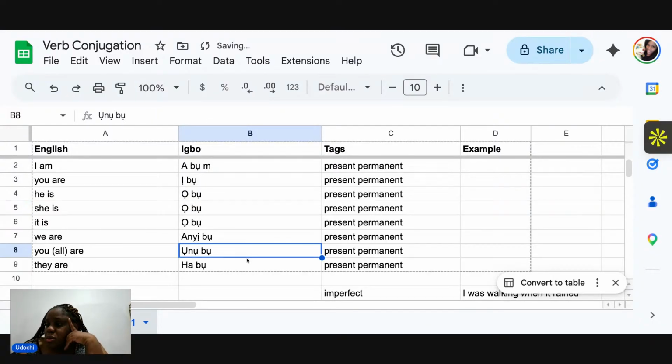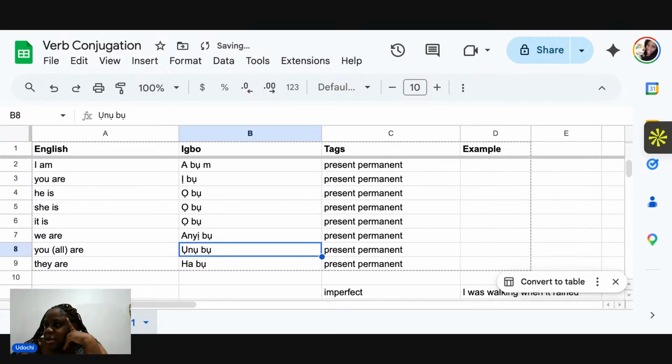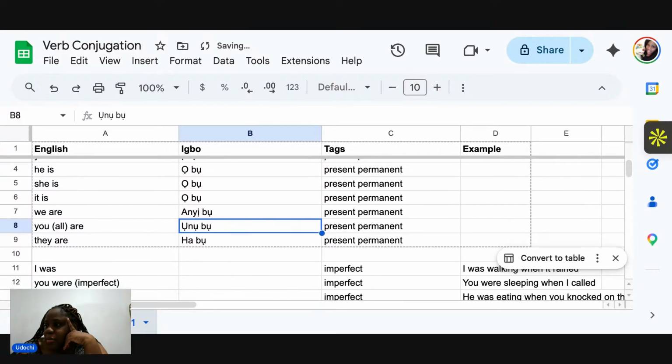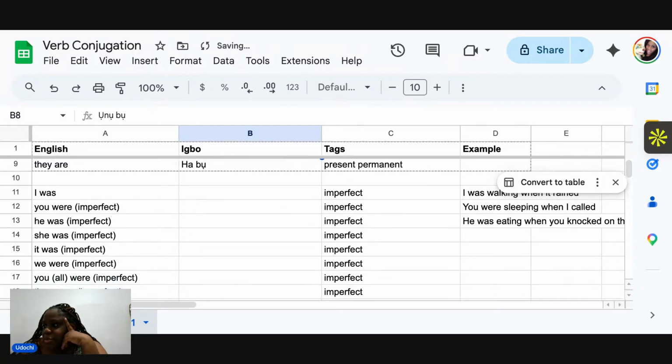So let's go on to the next tense. I was, imperfect. I was walking when it rained. So this one, I learned this phrase, this way of saying this thing from one of my Igbo teachers.